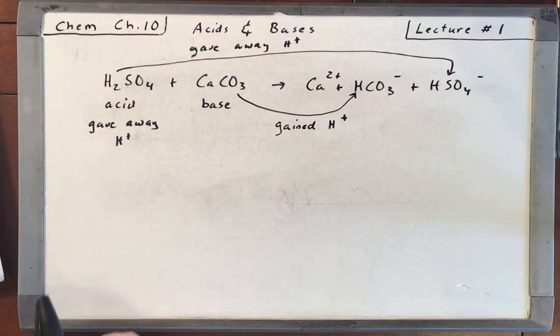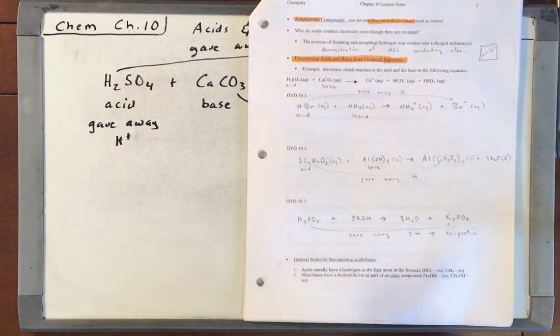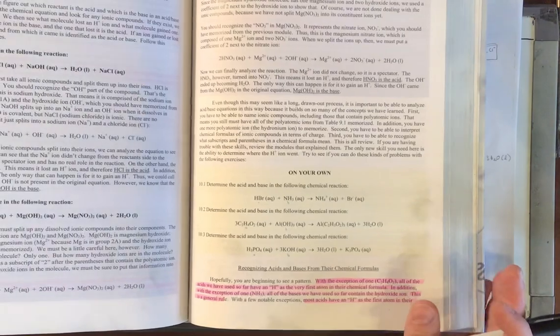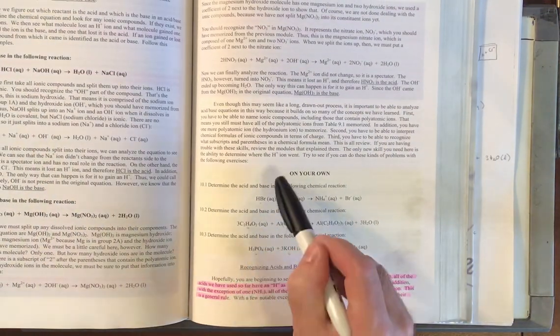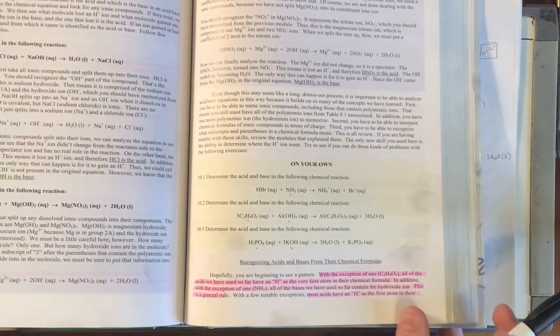Okay, in the book, we're about to do 3 on-your-own problems. Open up to page 327. We're going to work these 3 problems on page 327.